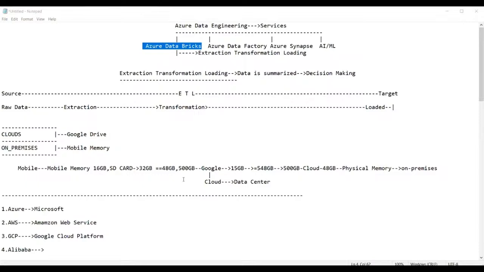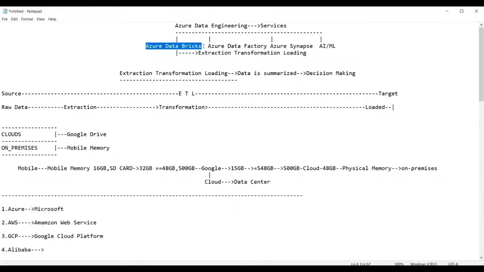Azure Data Factory and Azure Databricks are both used for the same process. But in Azure Databricks, you can use a character user interface, where you need to use different languages: Python, Scala, R, and SQL.